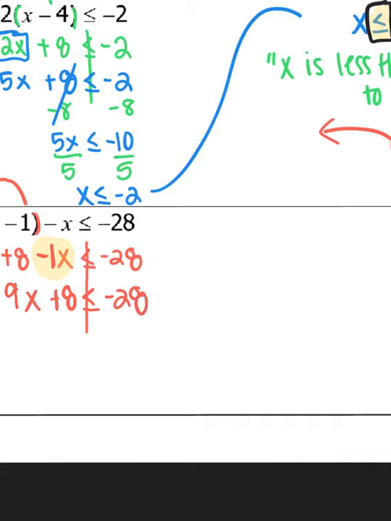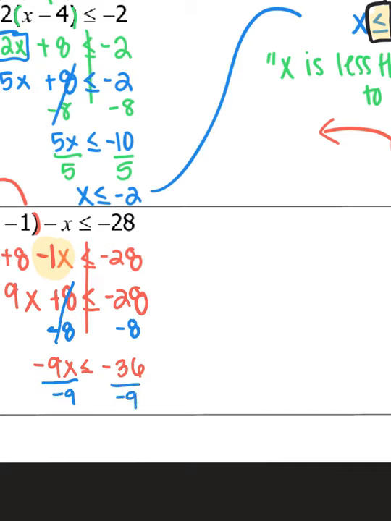I am then going to get rid of this positive 8 by subtracting 8 from both sides. The 8's cancel. I'm left with negative 9x is less than or equal to negative 36. I am then going to divide both sides by negative 9.